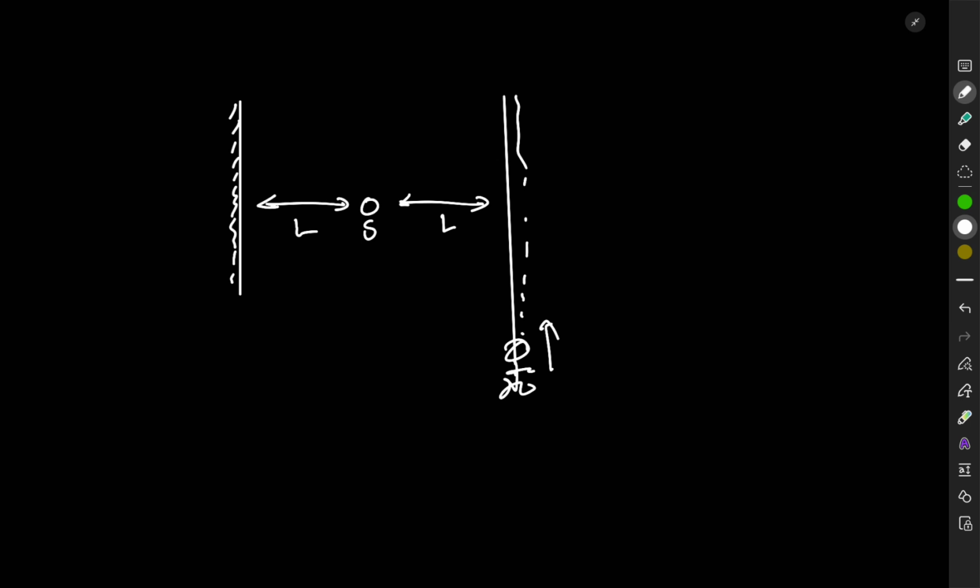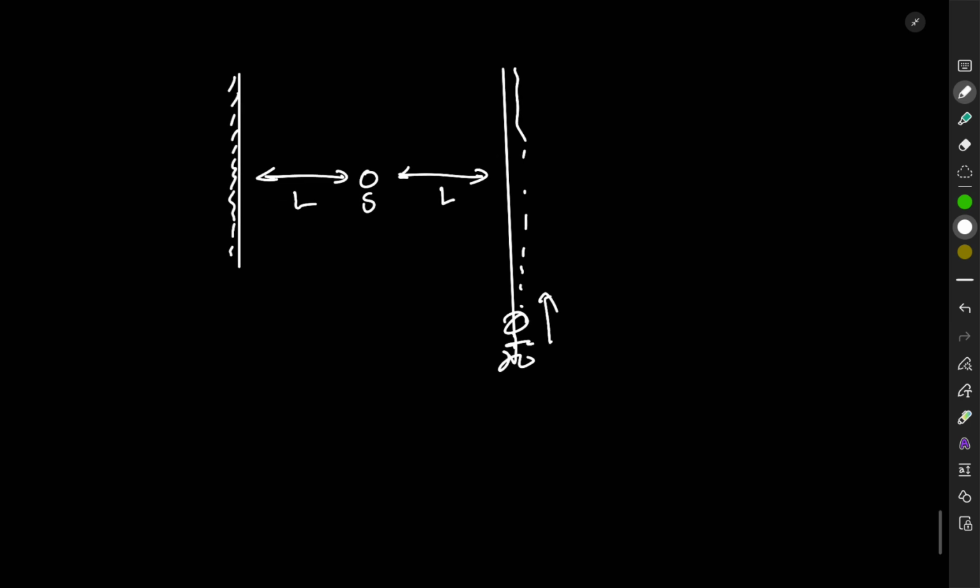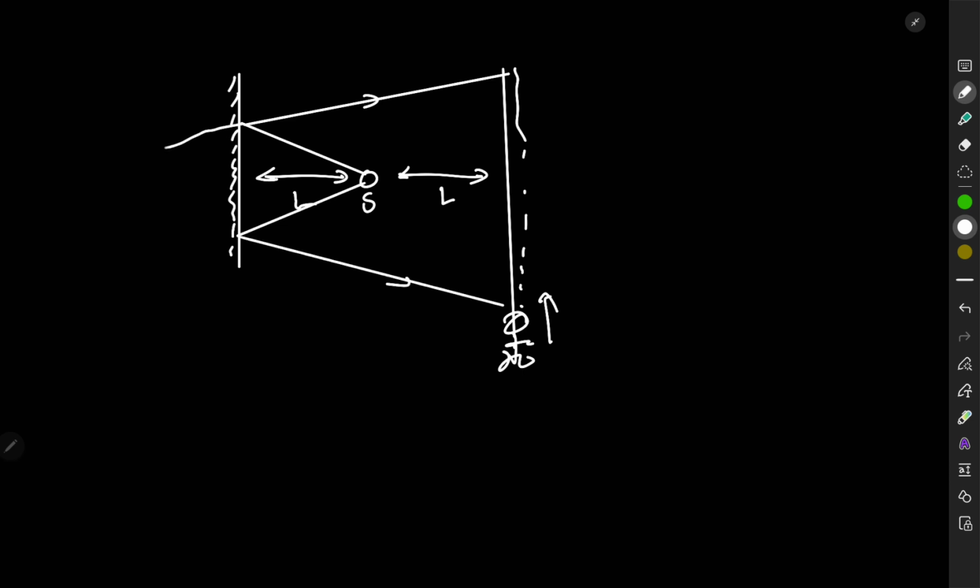So it's as simple as it is, right? So simply draw a ray diagram. Do you agree with this? Yes, right? And this source will be here. So basically this is also a geometry question.